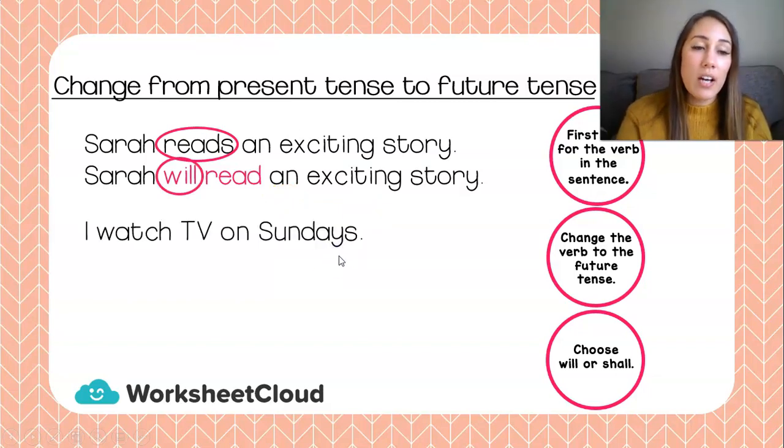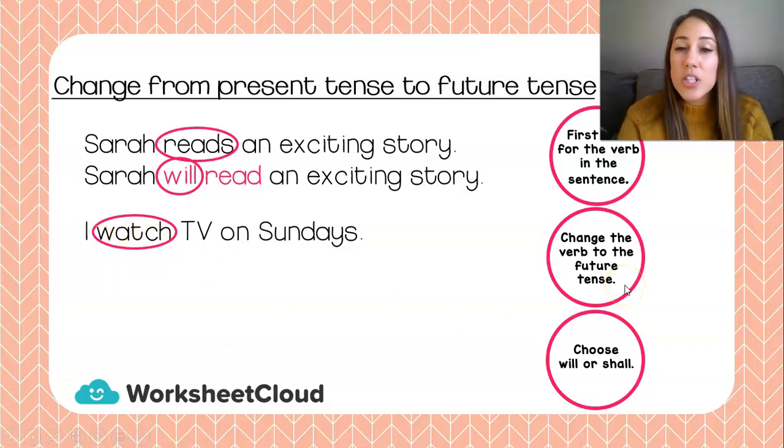Okay, so let's have a look at our next example. Our next example says, I watch TV on Sundays. So our first step was, I need to look for the verb. My verb is watch. What did I do? What was the action? I watch. My second step says, I need to change the verb to the future tense.